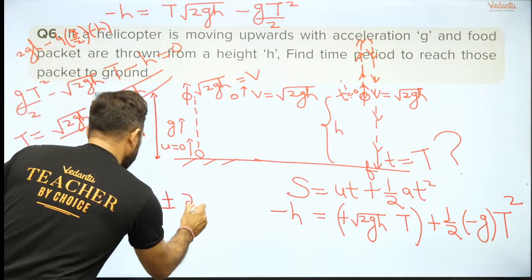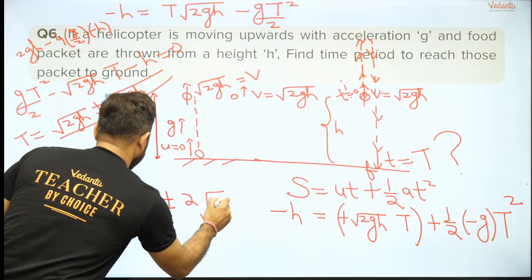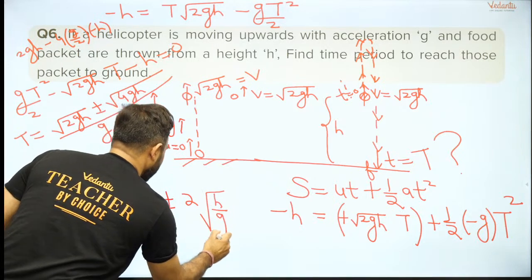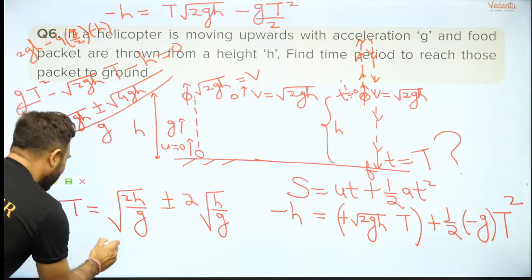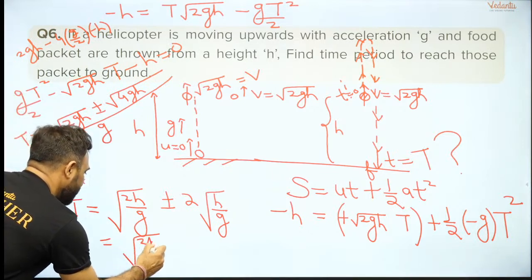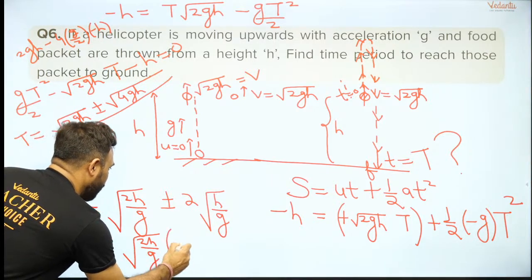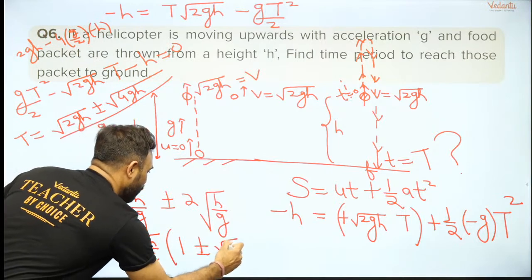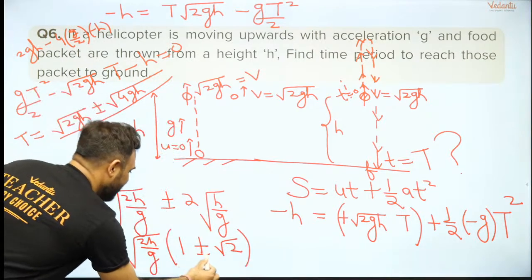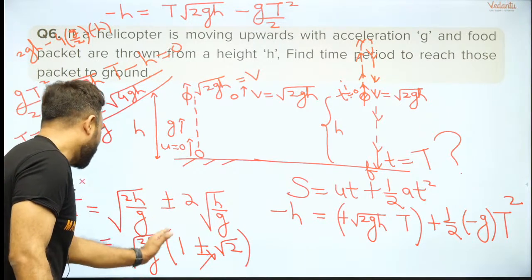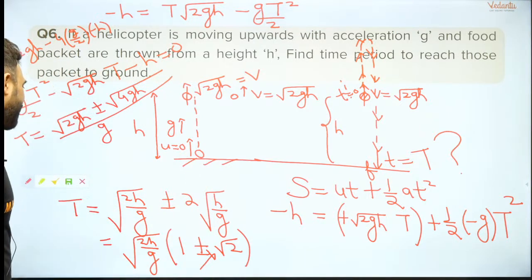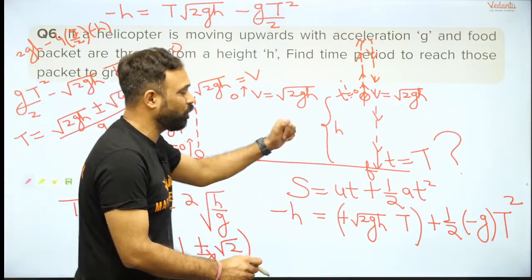So your t is coming out as √(2h/g) plus minus the second term, that is 2√(h/g). If I take √(2h/g) common, I'm getting a factor of 1 plus minus √2.